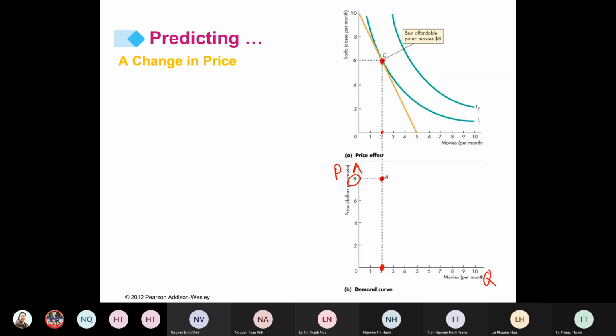So if you want to draw the demand curve for movies, you have to change the price. And now we suppose that the price of a movie declines from $8 to $4.